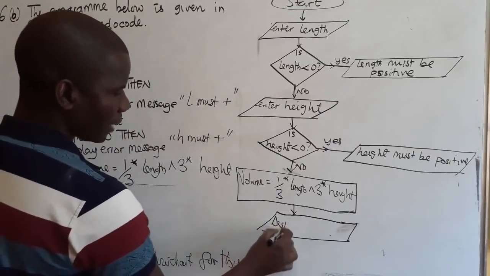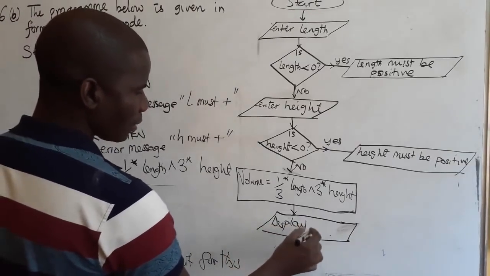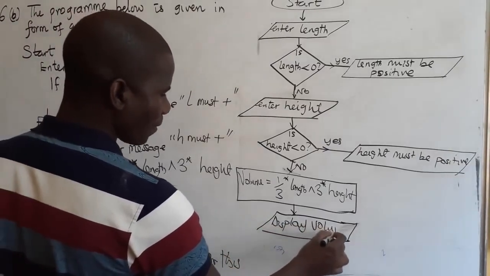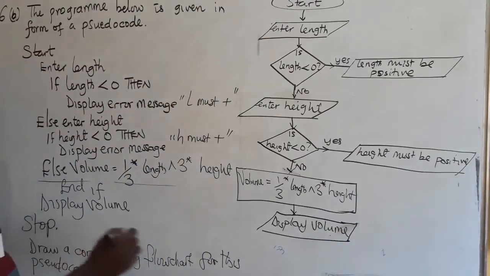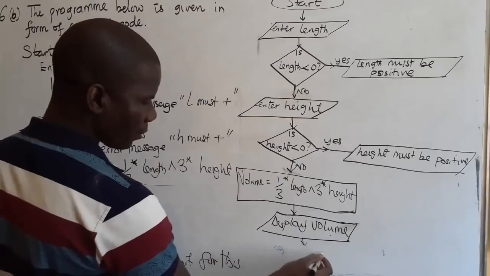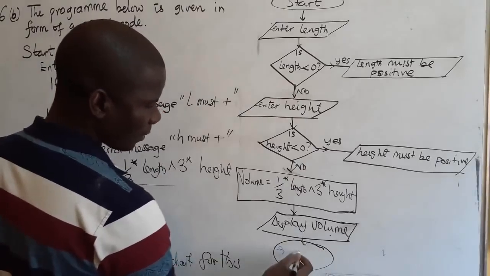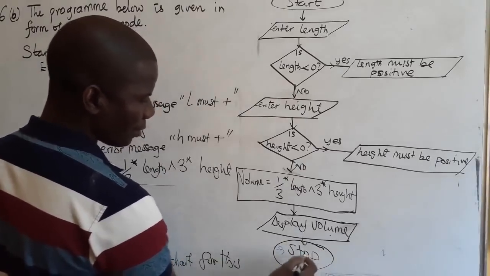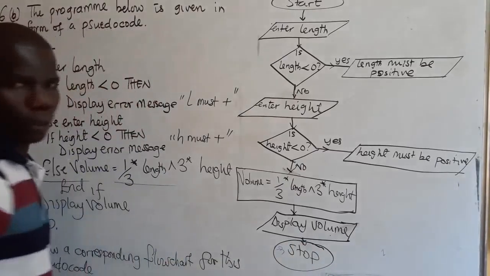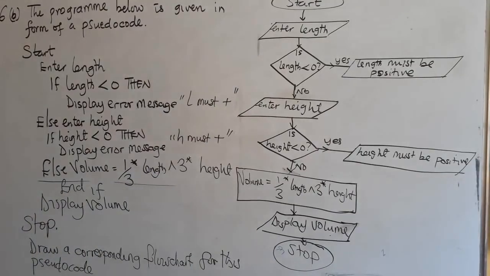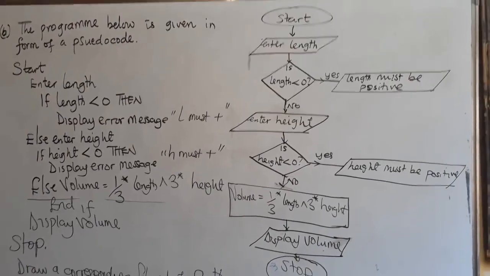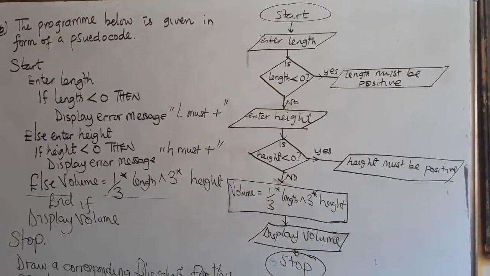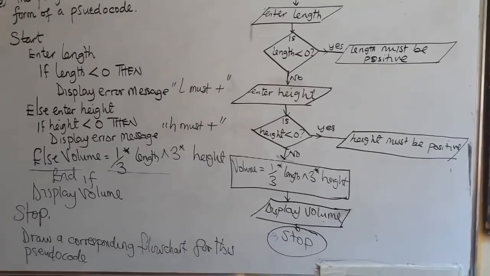So here we're going to say display volume. From display volume, then we have stop. That is the last part. This is how it's supposed to be.